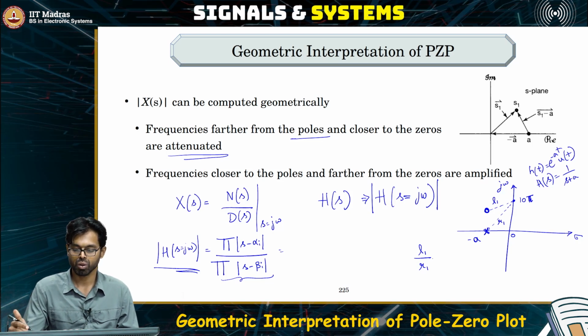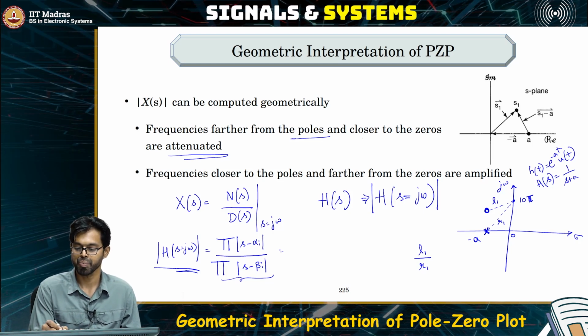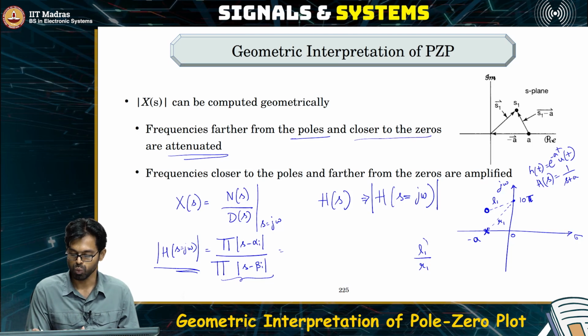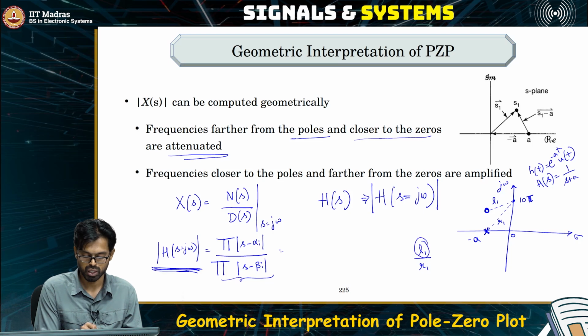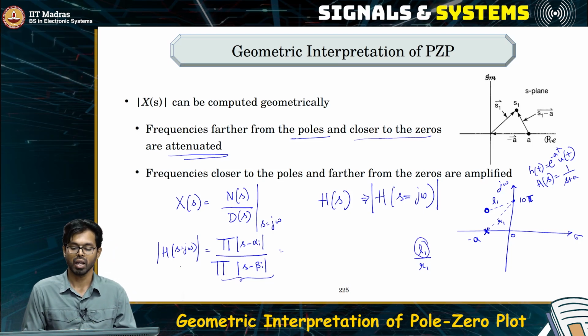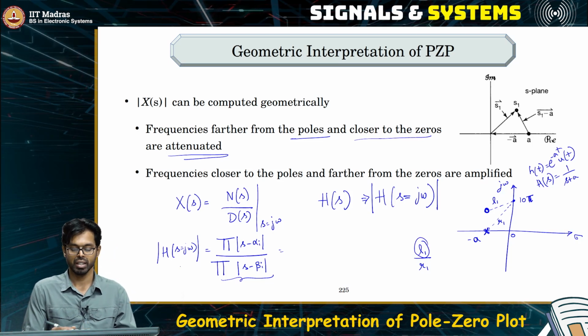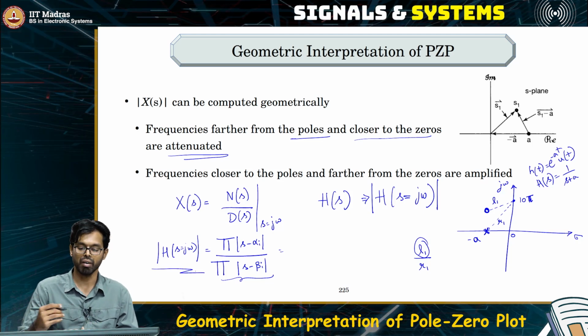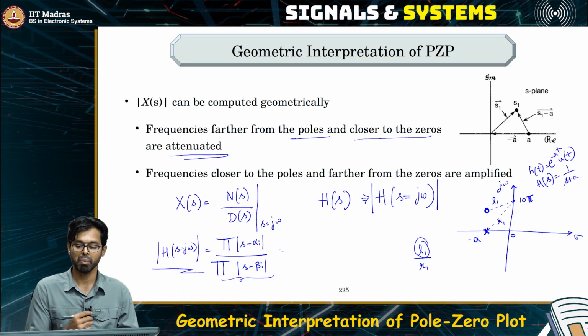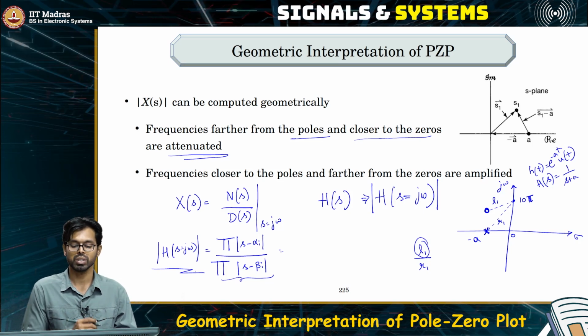So as we go closer to the zeros, this L1 becomes smaller, which means the entire frequency response will also become smaller. As we go closer to the zeros, we see that the particular frequency response is attenuated. As we go farther away from the zeros, our particular frequency response value is amplified.